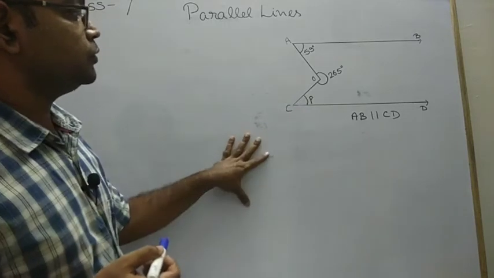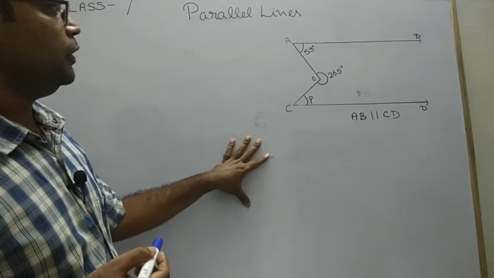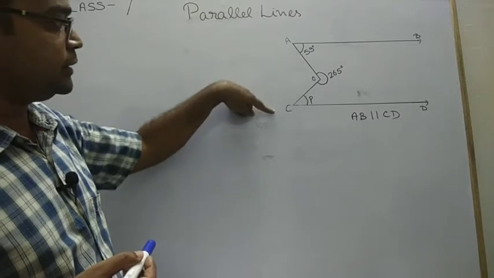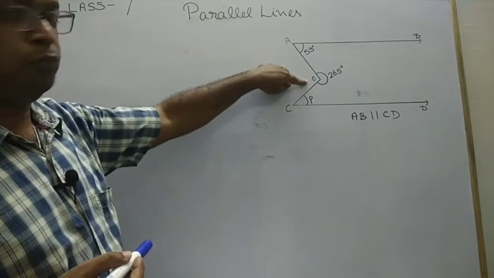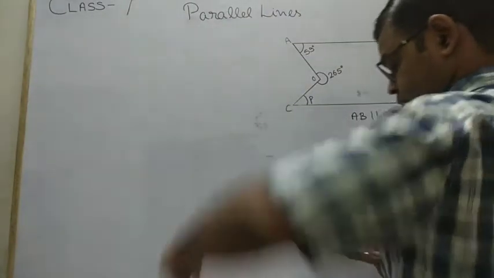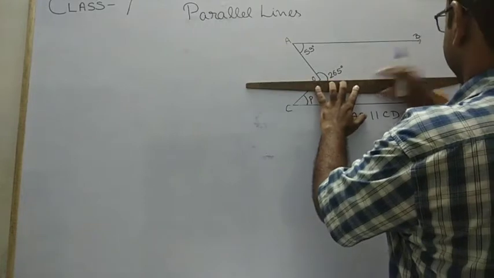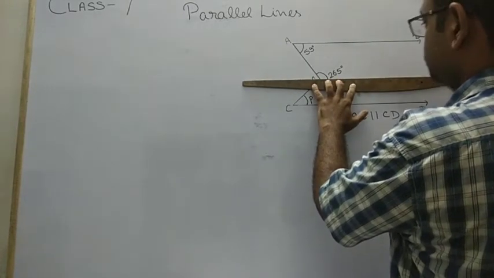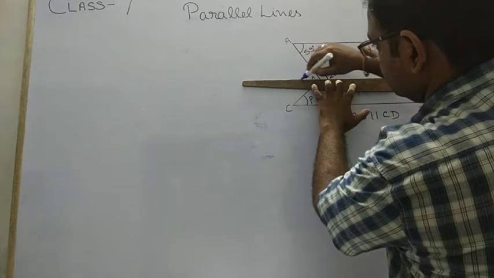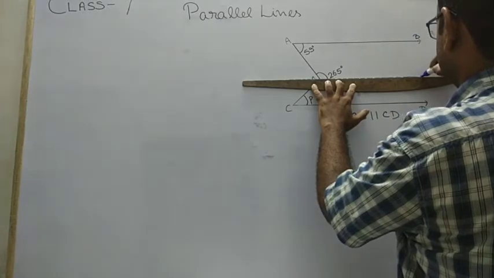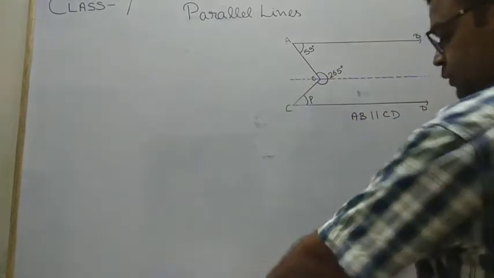So here we have to do some construction work. We first draw a line parallel to AB and CD passing through point O. This is your construction, so let's start. Use dotted lines. Clear?